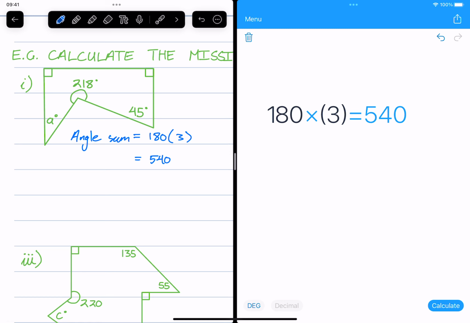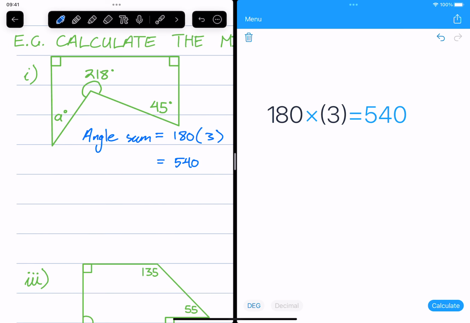Now, because of this, all of these angles, 90 plus 90 plus 45 plus 218, and whatever this missing angle is, should add up to 540. So let's calculate that. 90, 90, 45, 218.